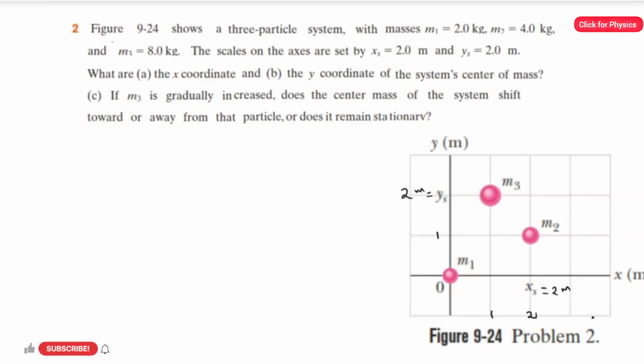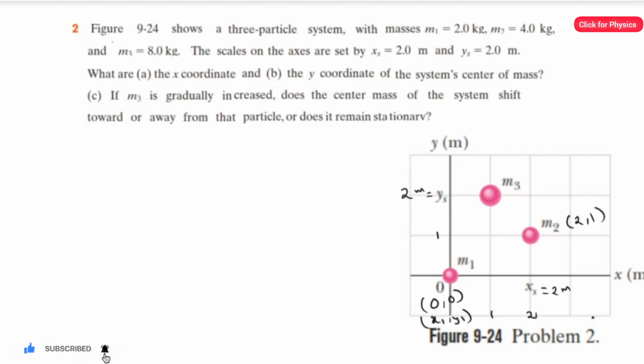Now we have to identify the locations of the three particles, m1, m2, m3. The location of m1 is at the origin, so 0, 0, which is x1, y1. Likewise for m2, the location is 2, 1. Why?